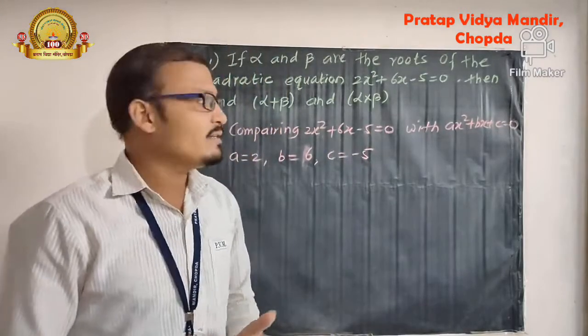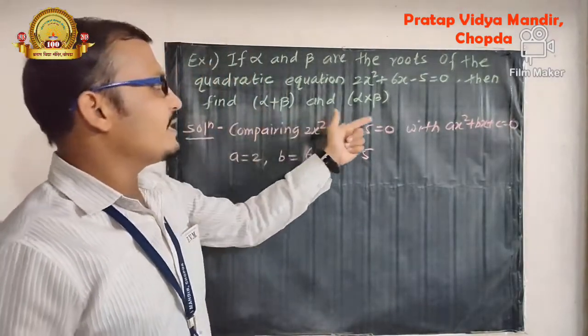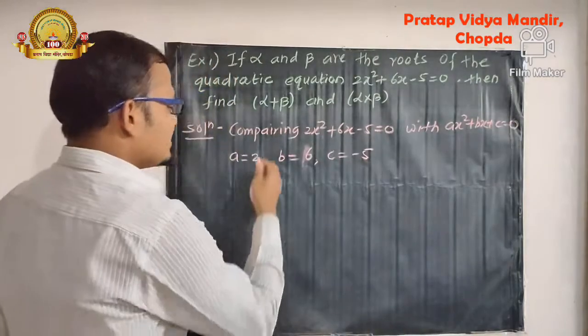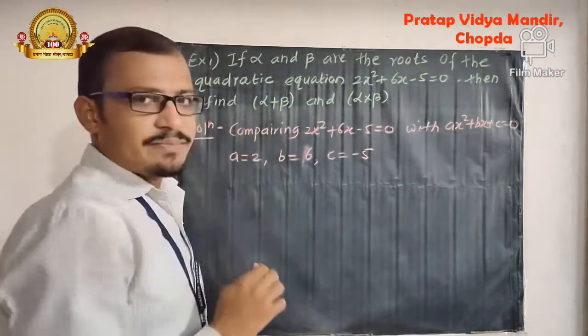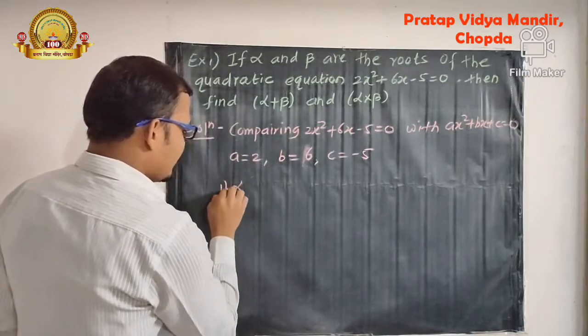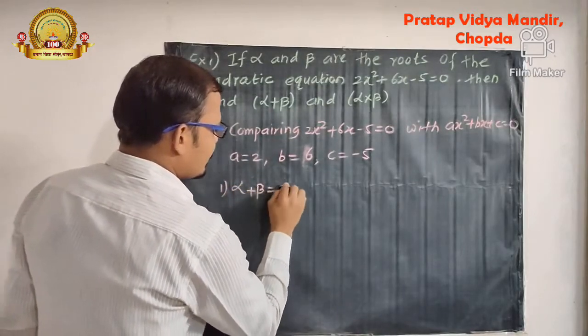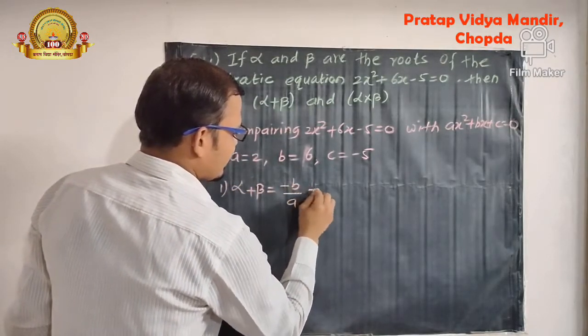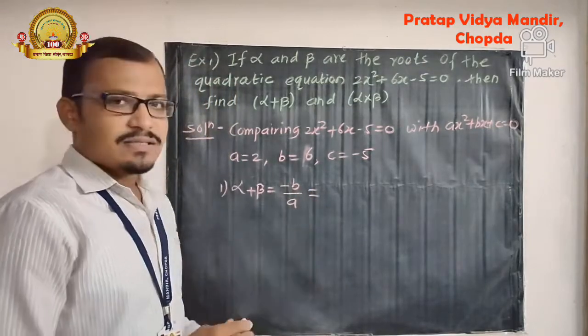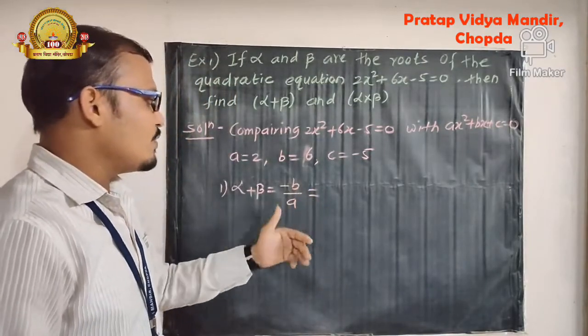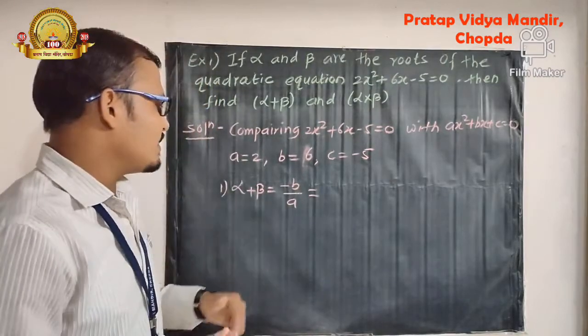Now we can easily find the value of alpha plus beta and alpha into beta. What is the relation for alpha plus beta? We know that alpha plus beta is equal to minus b upon a, and here we have to just put these two values and we get the value of alpha plus beta.